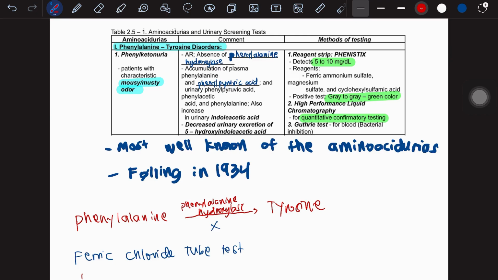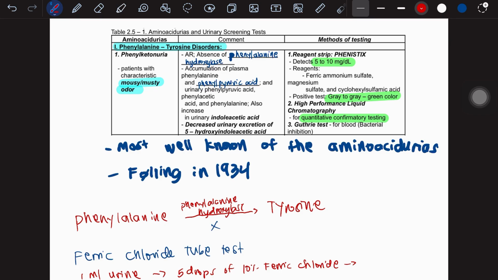First is, we place 1 ml of urine sa tube. Next step is slowly add 5 drops of 10% ferric chloride. Next is the observance of the positive result.